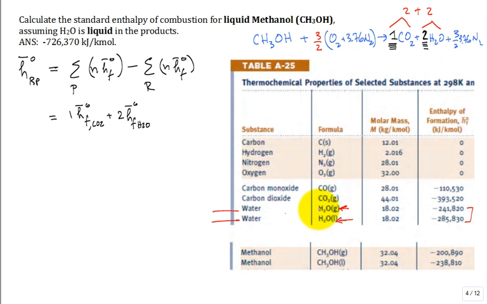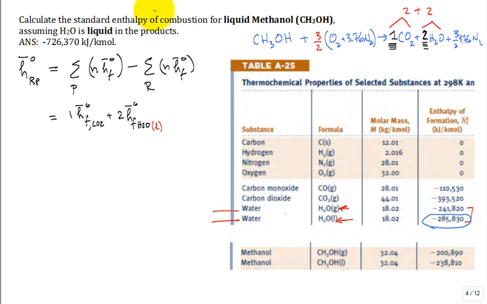What did they tell me in the problem statement? Water is liquid. So I'm just going to emphasize L on that one. And when I come down and grab a value out of the table, I'm going to grab the standard enthalpy of formation of liquid water.